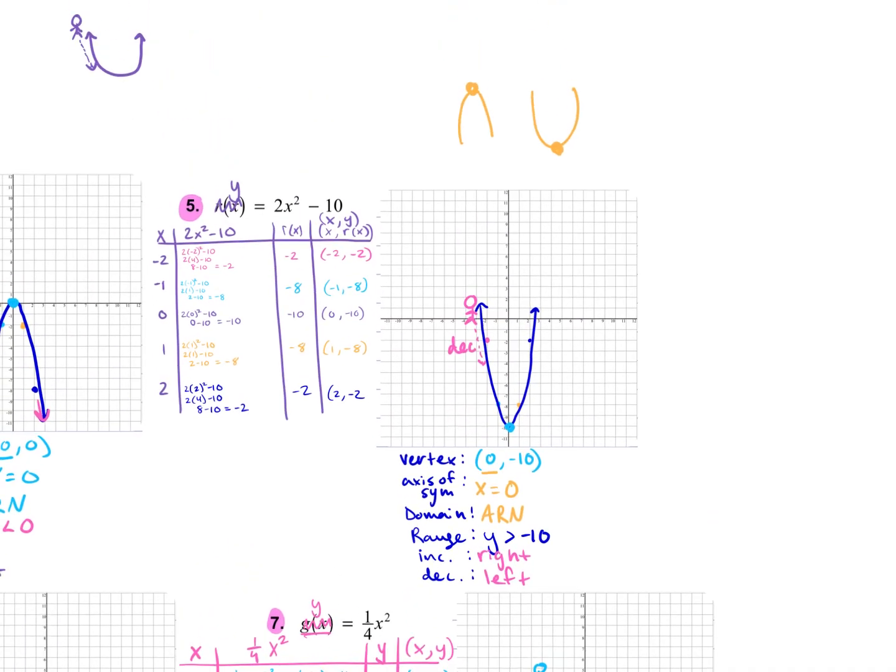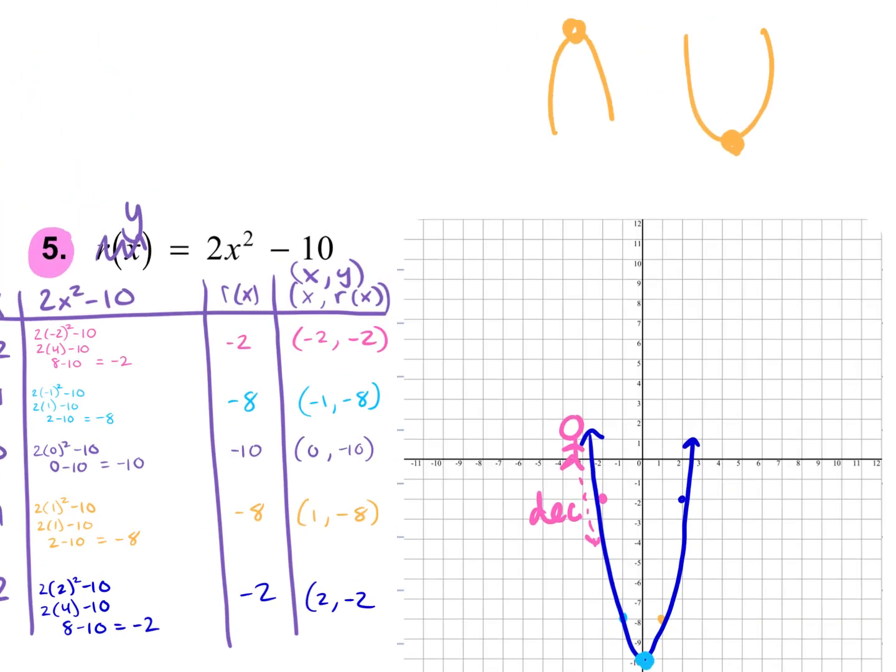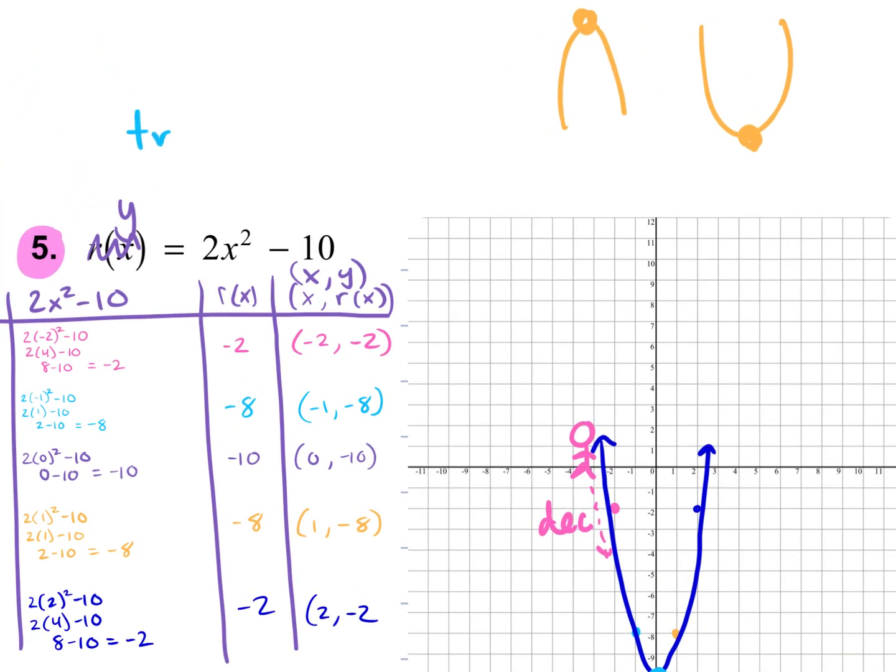Let's look at one more thing. Going back to number 5, our graph for number 5. If this said to identify the transformations, kind of like number 9 and 10, when we subtract 10 from our graph, what does that do to it? Moves it which way? Down.